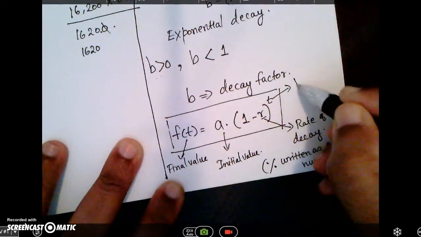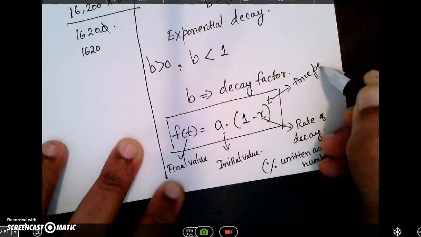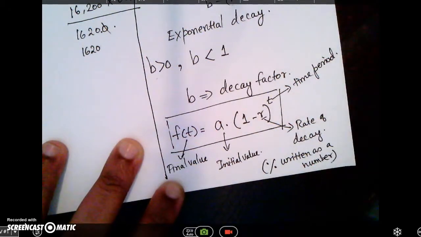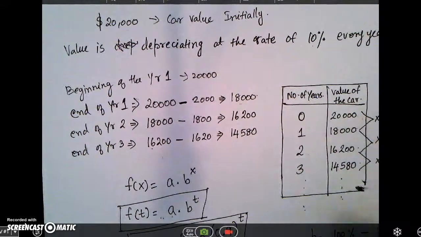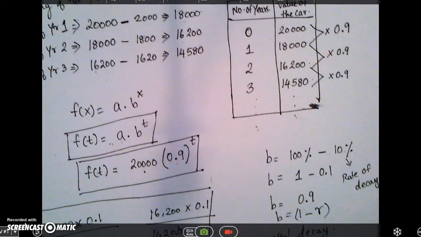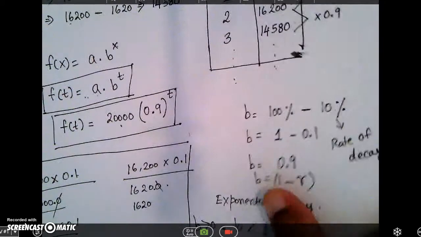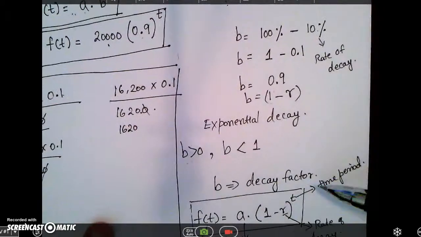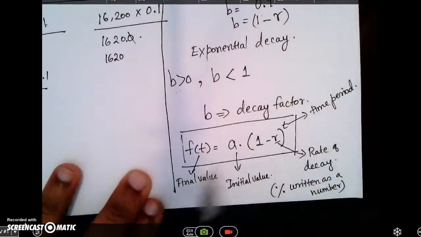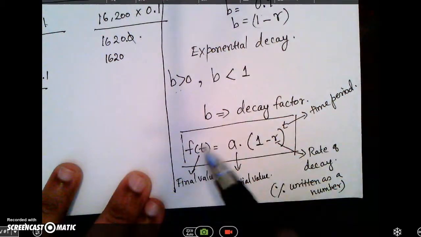And this is my time period, the time that I allow it to decay. Or say if I want to find the value of the car after 20 years, what will be the value of the car after 20 years? Okay, so that kind of a thing. So this is exponential decay. All right, exponential decay function.